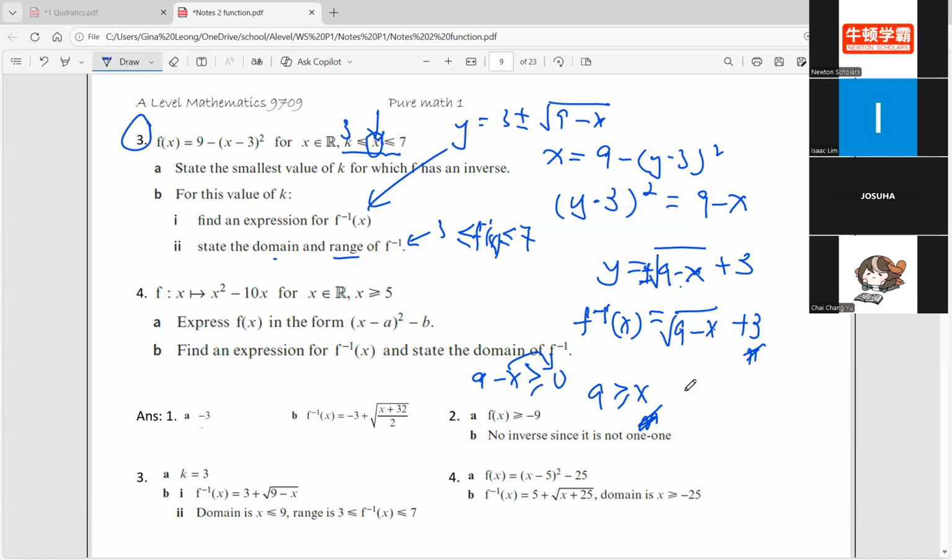Because the transformation topic is a bit confusing. Sometimes they put plus a, sometimes minus a, sometimes inside, sometimes outside. So it's a bit confusing.